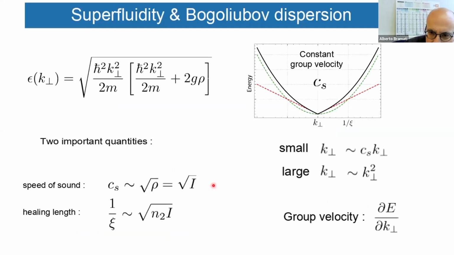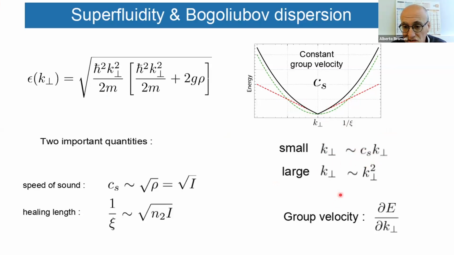Could be a superfluid. So as before, the smoking gun is to measure the Bogoliubov dispersion, and as I have already explained, we should be able to observe a linearization in the low wave vector region. So for small wave vector in the transverse plane, we should have a Bogoliubov dispersion which is linear in the wave vector, and the proportionality factor is the speed of sound.